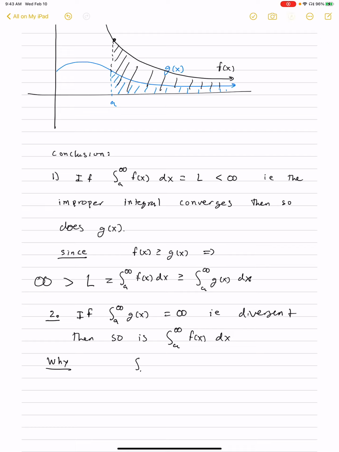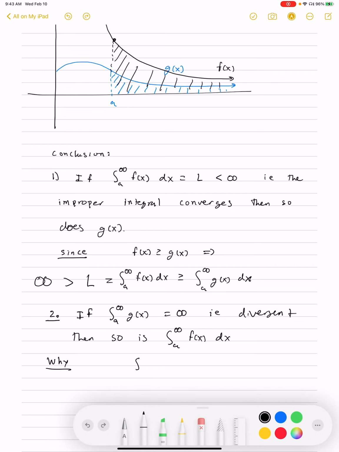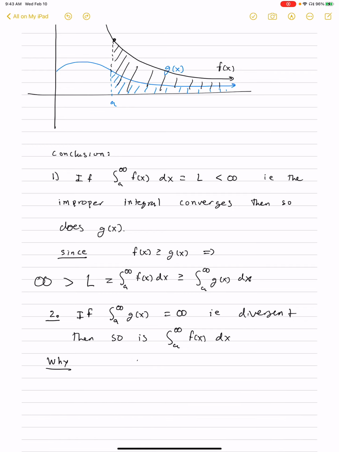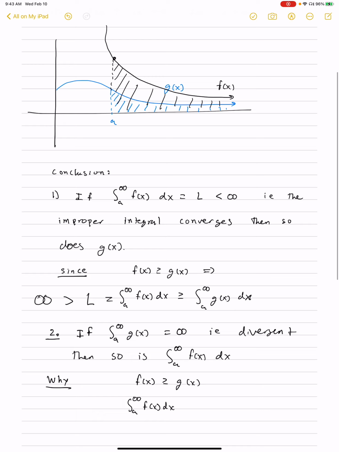So we know that f of x is bigger than or equal to g of x. And so the integral from a to infinity of f of x dx, after all, the black area is greater than the blue area, is bigger than or equal to the blue area.